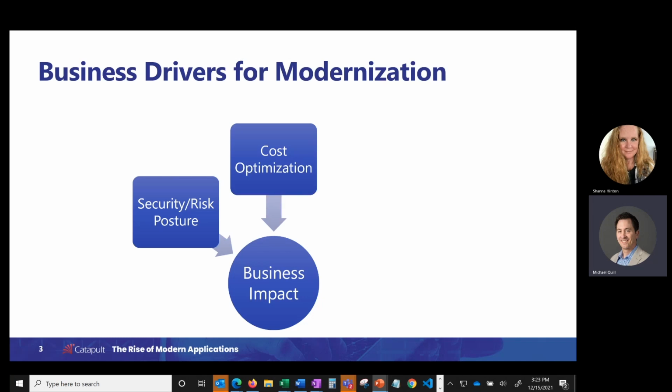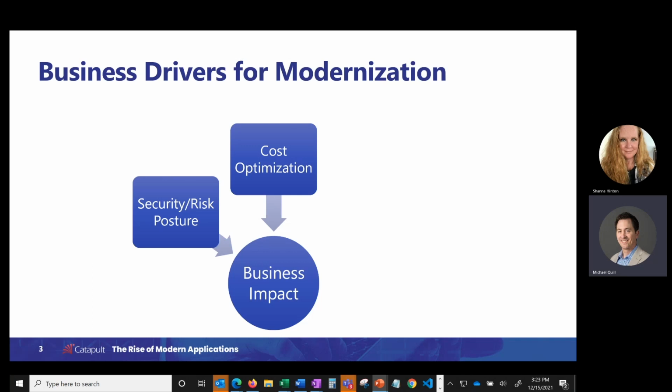It would be remiss not to talk about cost optimization as a key driver for businesses pushing in this direction of modernization. I think that the cloud model has certainly brought the notion of CapEx versus OpEx to the front, right? And what that means for organizations who are trying to run their business from a cash flow perspective. But it also does offer an opportunity to significantly reduce ongoing maintenance and operational costs for organizations, right?